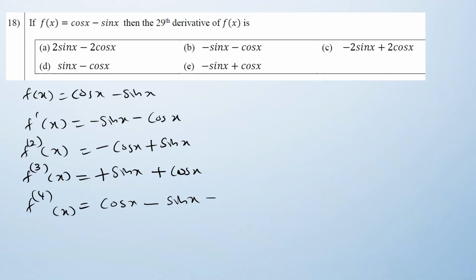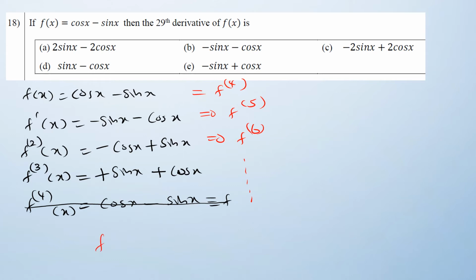So this is the same as f. So we can neglect this and consider this one as f4 as it is. Similarly, f5 will repeat this, this will be f6, and so on.